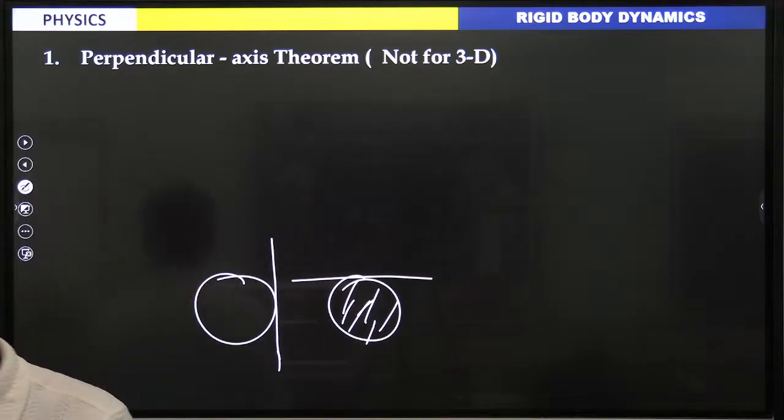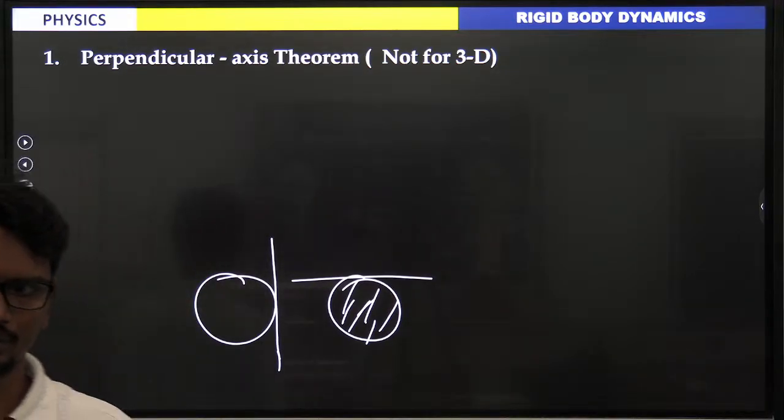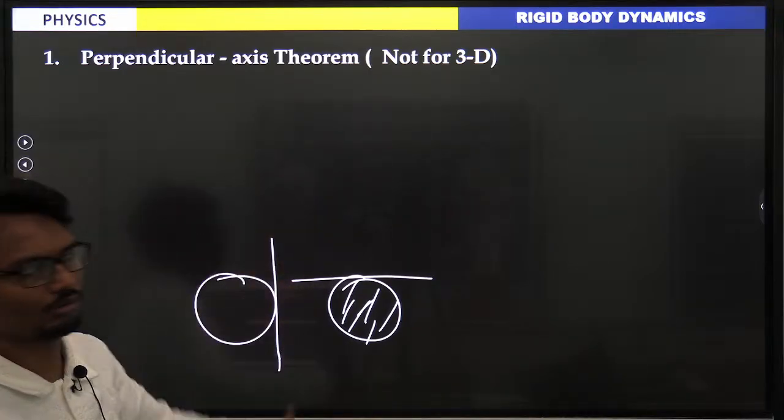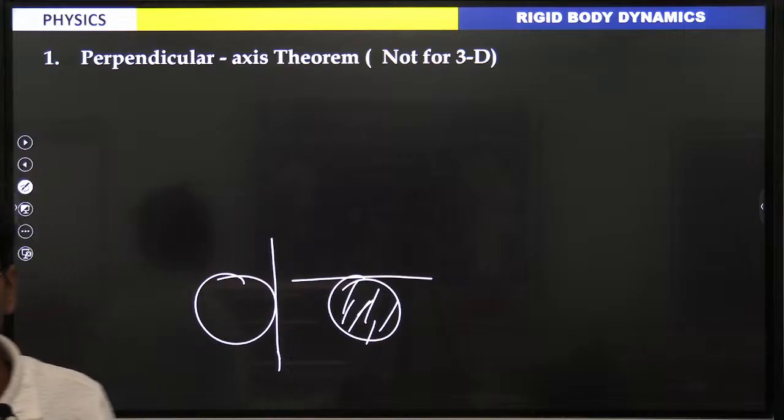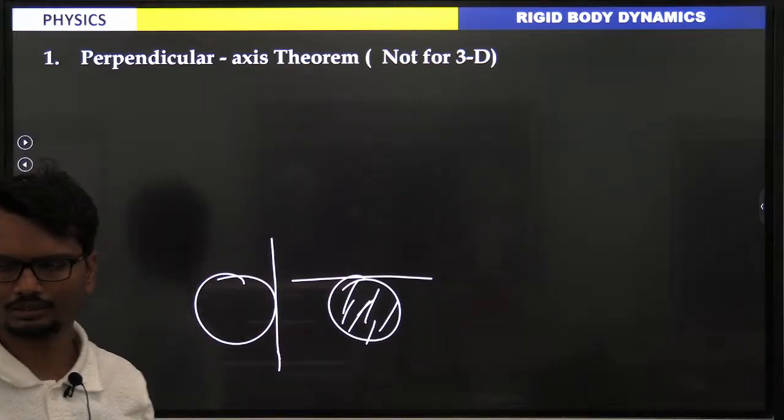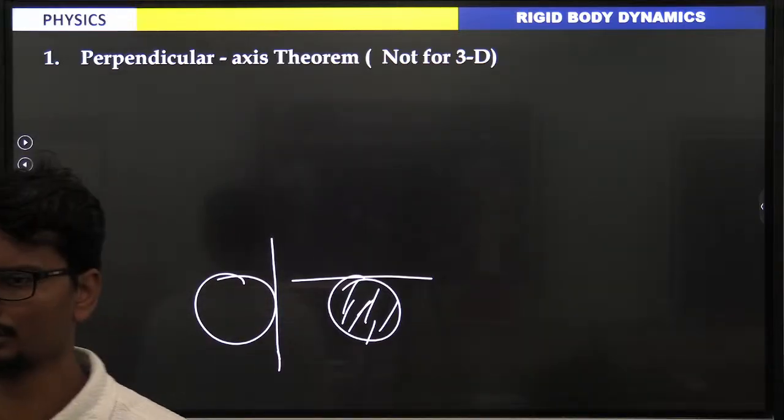We have no method till now, but if we study these two theorems, then we can easily find the moment of inertia about this axis. I think all of you understand clearly.